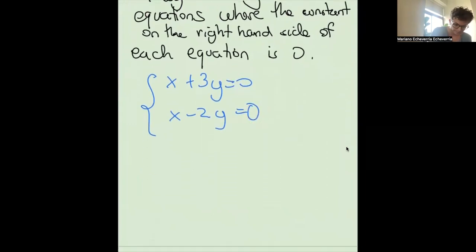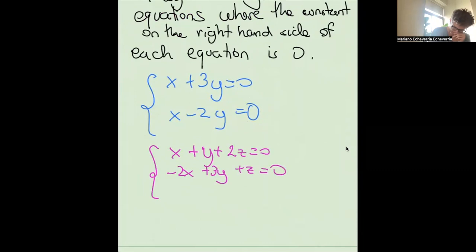Here's another one: x plus y plus 2z equals 0, minus 2x plus 3y plus z equals 0, 3x plus 4y plus z equals 0. This is also homogeneous because everything here is a 0. In a homogeneous system, everything is 0 on the right hand side.